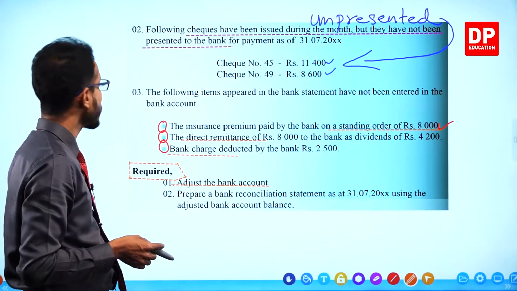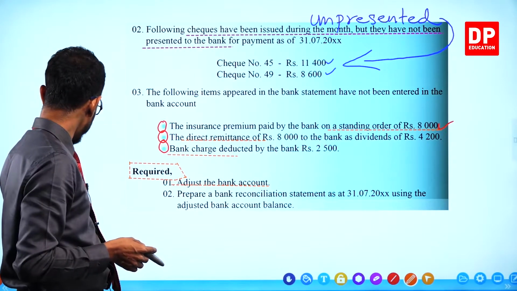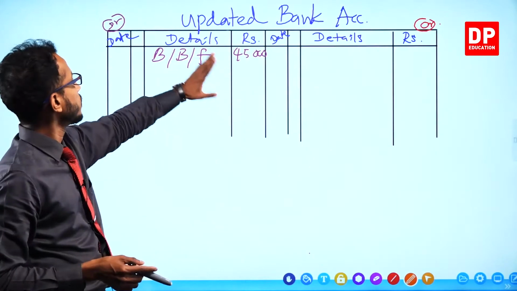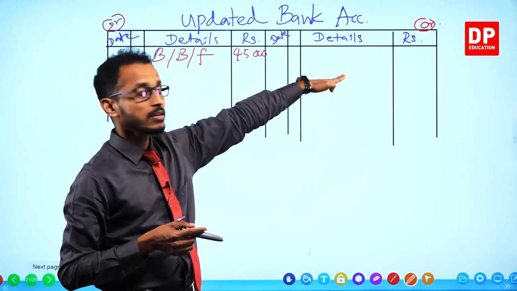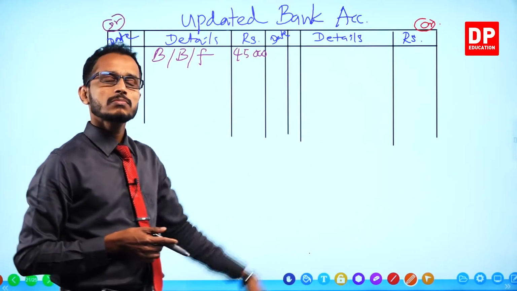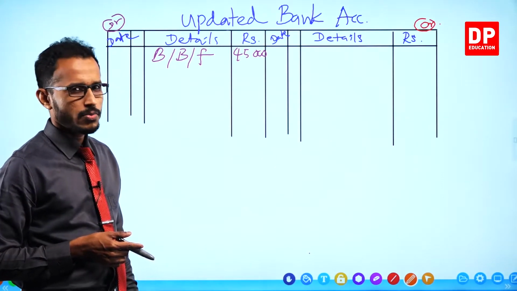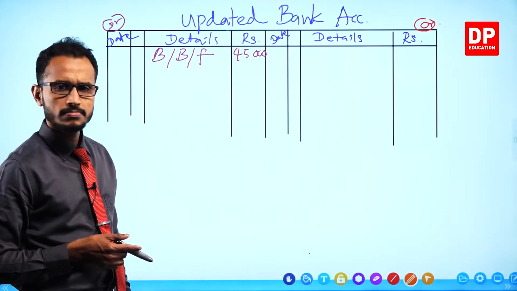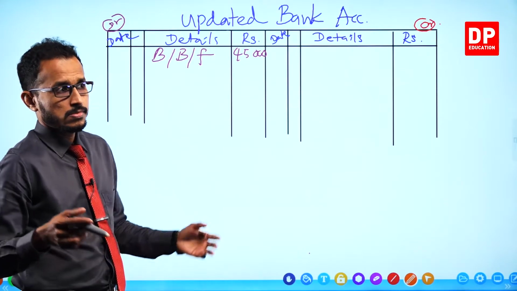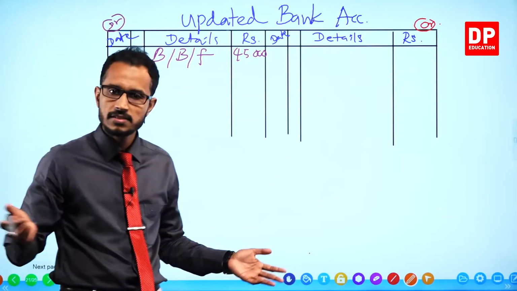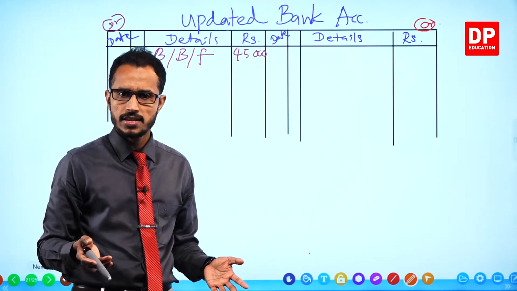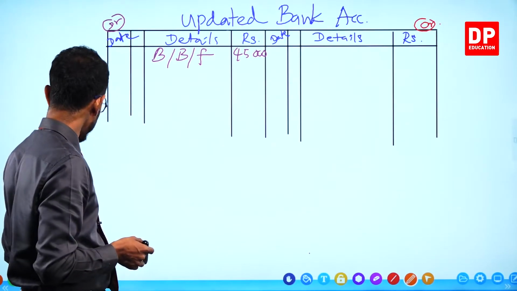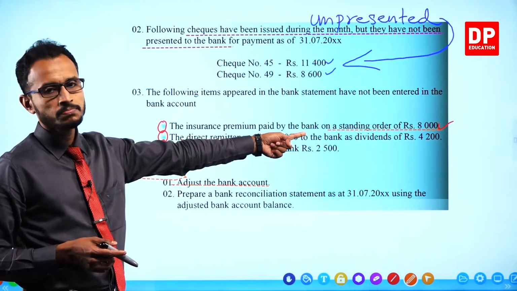Which side, children? Debit or credit? Credit, right? Of course, credit. Standing order should be on the credit side. Why?